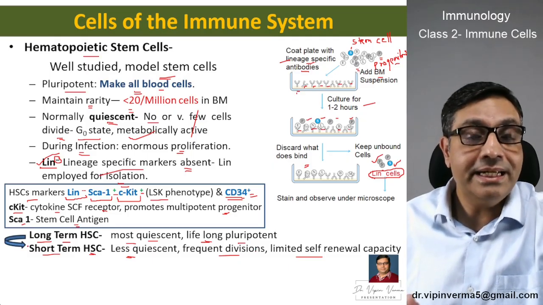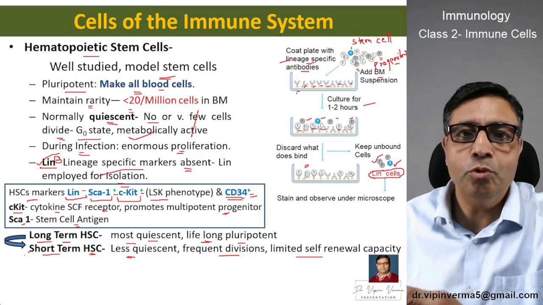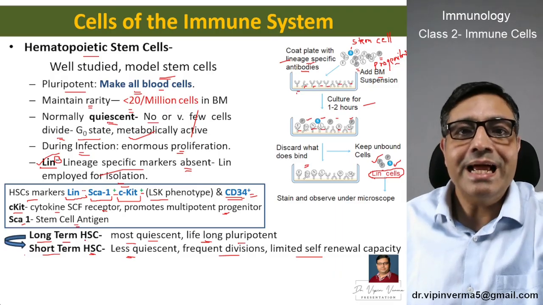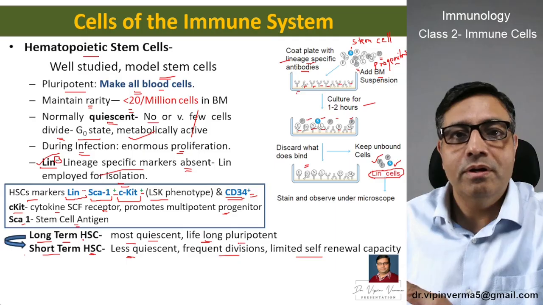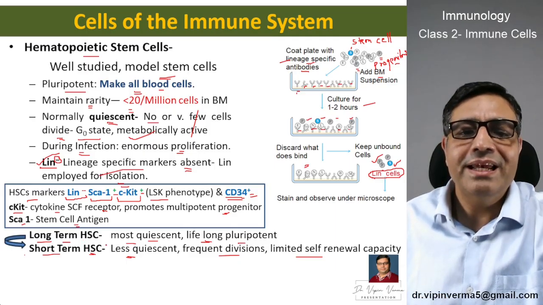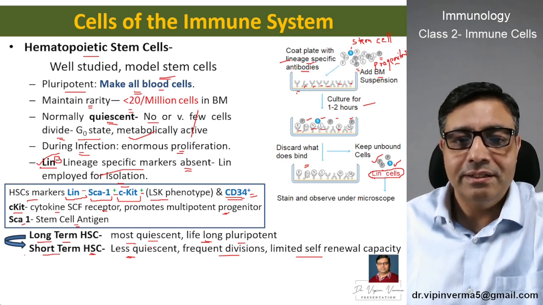Still they are hematopoietic stem cells, but they are for short term because they are going to convert into progenitor cells. So long term hematopoietic stem cells maintain the pluripotency and self renewal in the pool. But short term hematopoietic stem cells are less quiescent and they show frequent divisions, right?